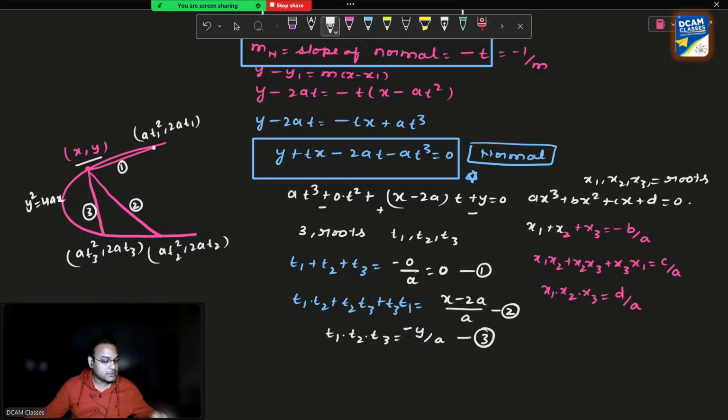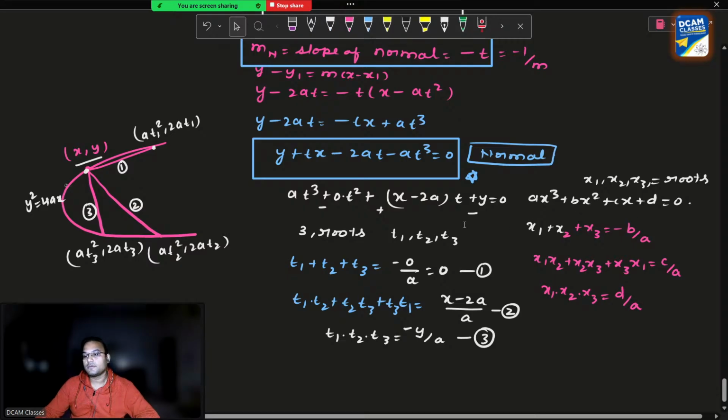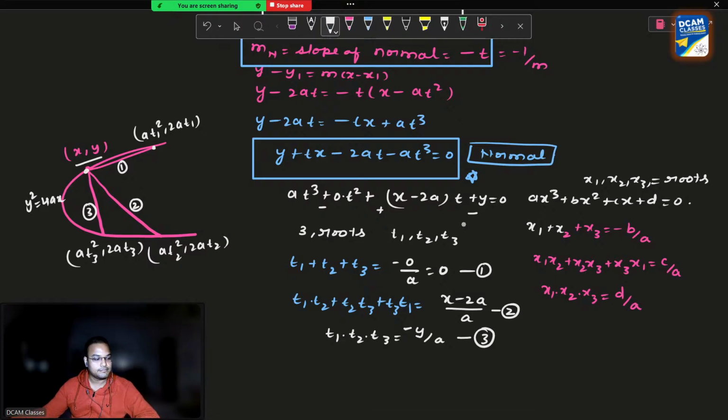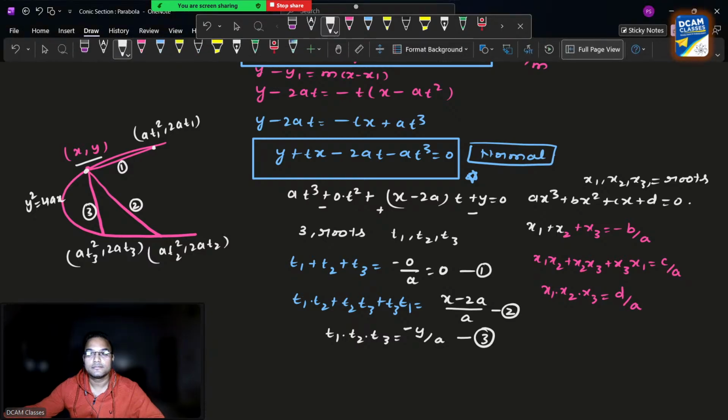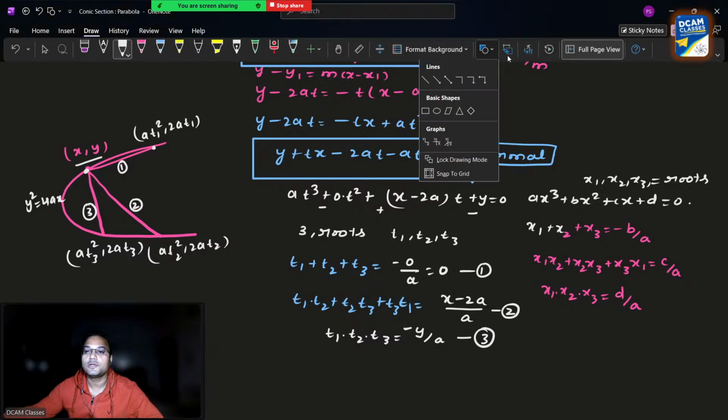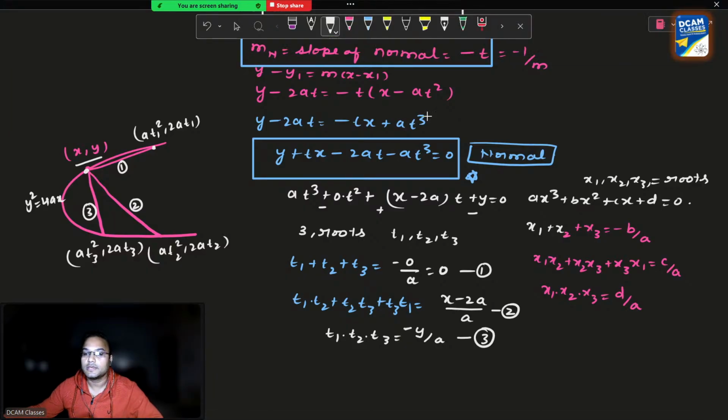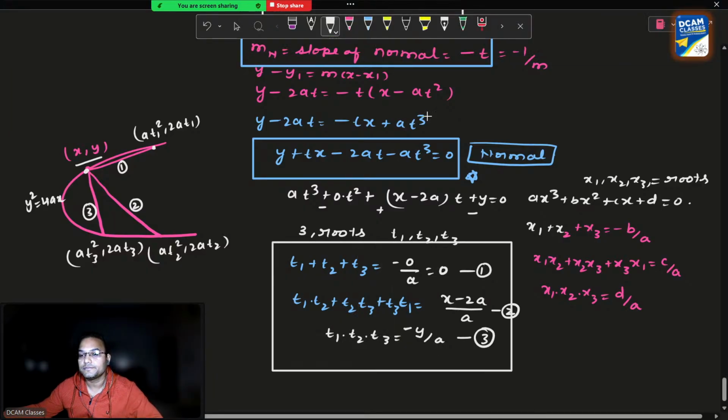This is a very interesting observation for the parabola, for this equation of normal. And it also helps in solving tougher questions when they will give you.